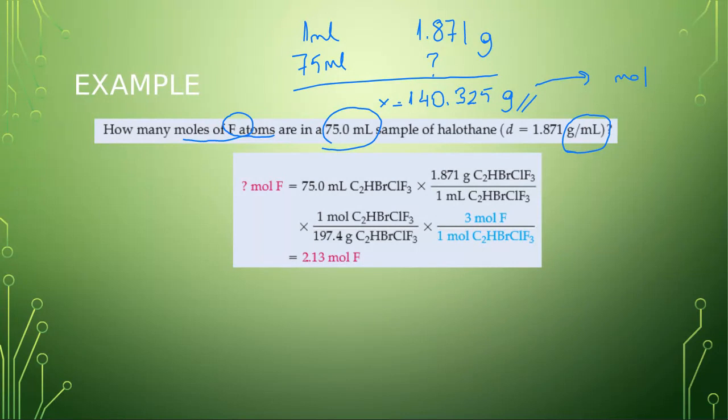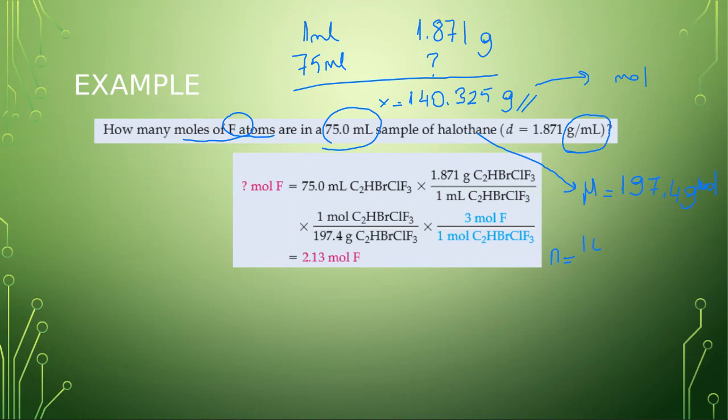You write here, and you know the halothane molecular mass is 197.4 gram per mole, and you will use the formula or the proportion that you want.